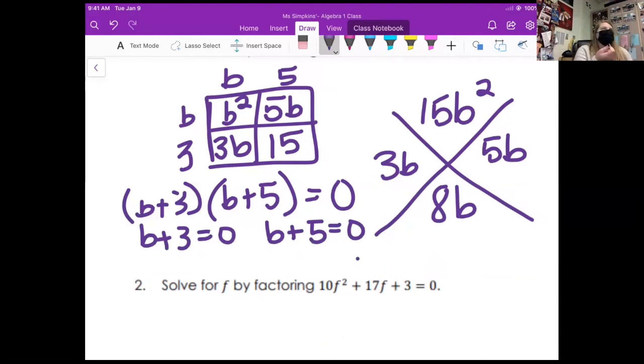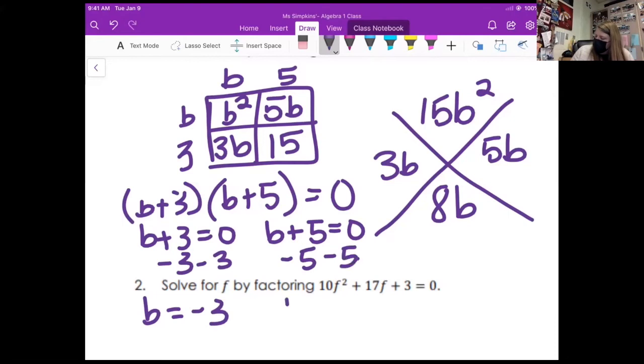So if we're trying to get B by itself, on the first equation, we're going to subtract 3 from both sides to get B equals -3. On the second equation, we're going to subtract 5 from both sides to get B equals -5. So those 2 numbers are telling me the points where this parabola crosses the x-axis.